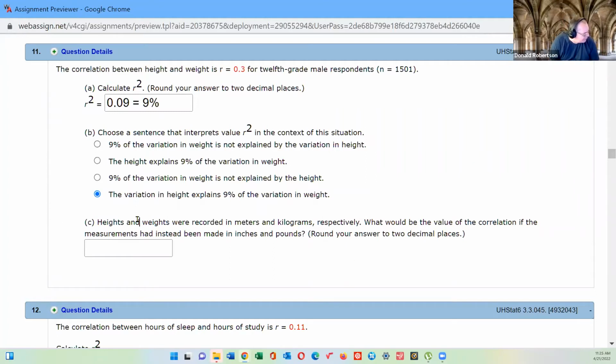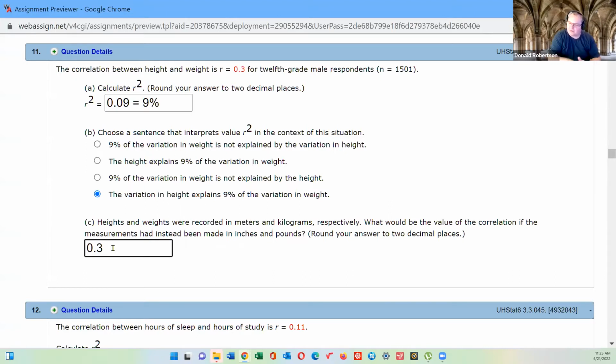And then it finishes with heights and weights were recorded in meters and kilograms, respectively. What would be the value if you decided to measure people in inches and pounds? Well, won't the answer still be 0.3? Units don't matter for correlation coefficients. You can measure in feet or meters or pounds or kilograms.